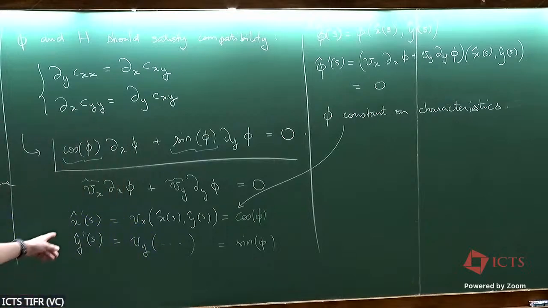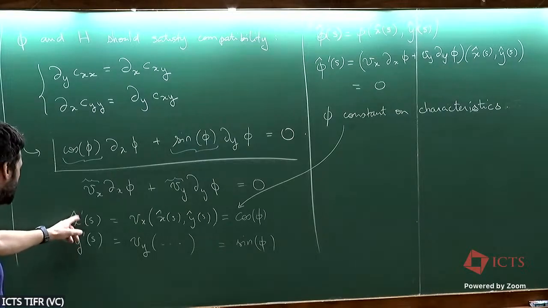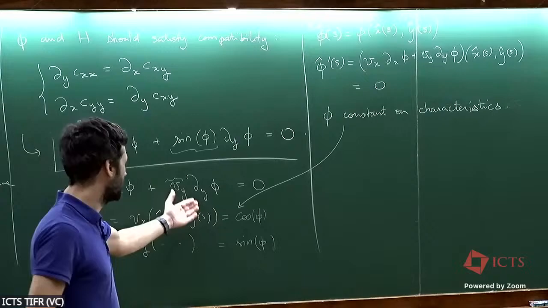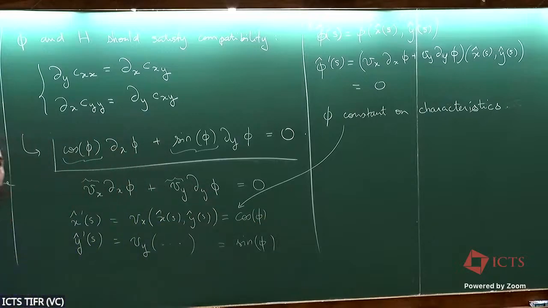so then this is easy. These characteristics are just straight lines because this is actually the tangent vector that we have here, and the tangent vector is oriented with an angle given by phi.